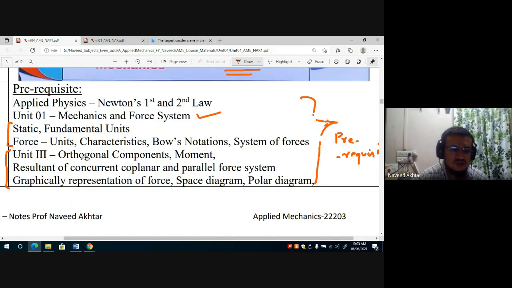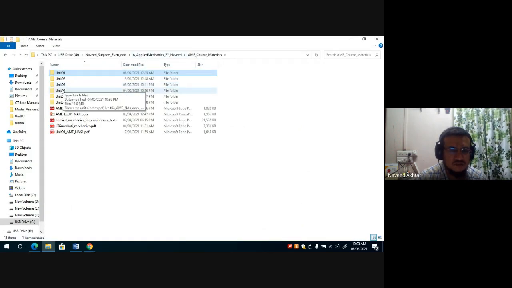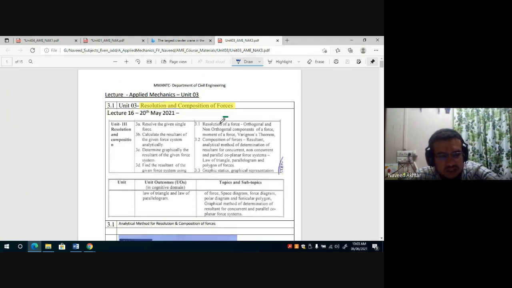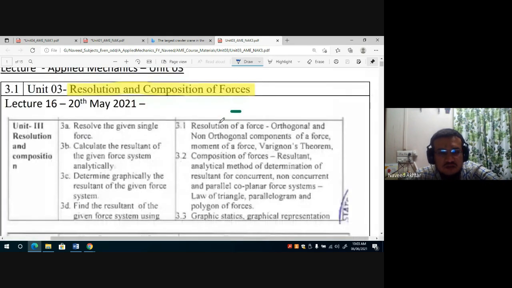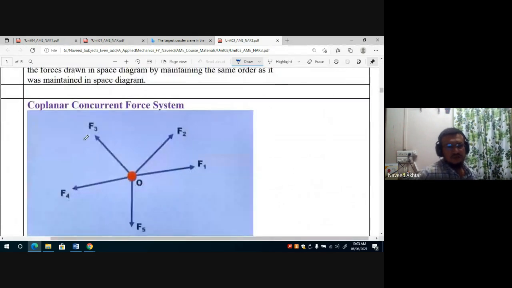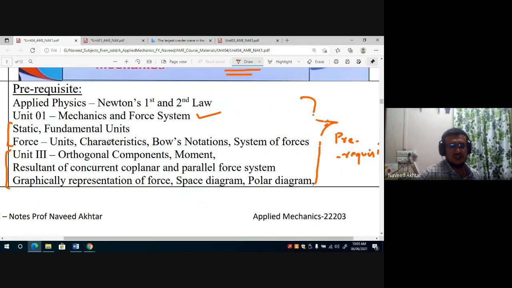In unit number three also we have learned many things about forces, the resolution and composition of forces, and that is the prerequisite for this unit number four, that is, resultant of concurrent coplanar and parallel force systems.